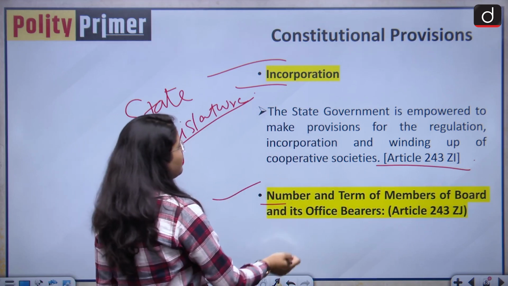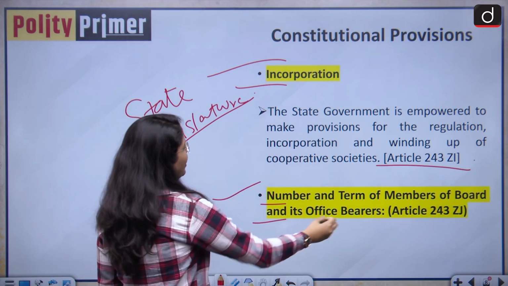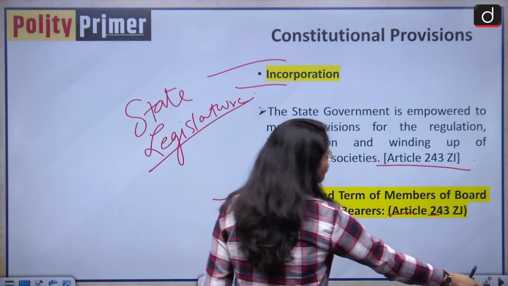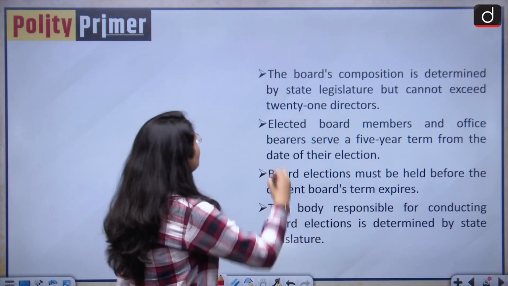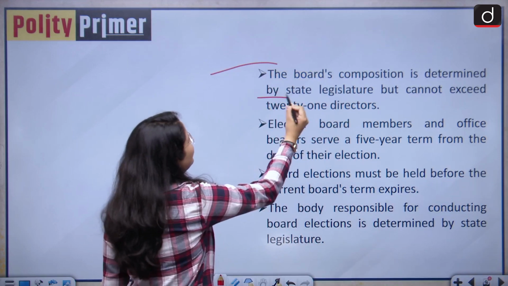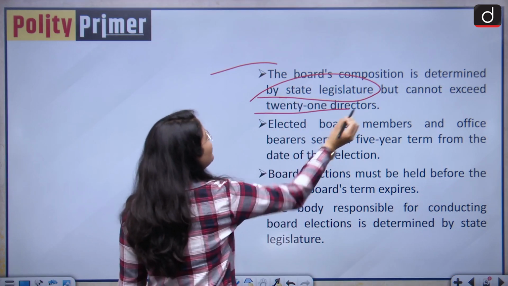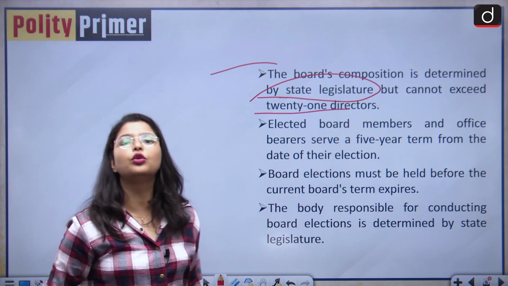Then coming to the number and terms of members of the board and its office bearers, that is dealt under Article 243ZJ. So the board's composition is determined by again the state legislature, but cannot exceed 21 directors in total.